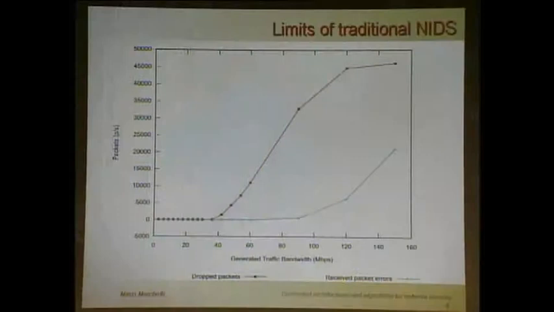In this chart, you just have an example of the performance of a common network intrusion detection system built on custom hardware, in this case an Intel Xeon 2.4 GHz. On the y-axis, you can see the rate at which the network intrusion detection system is losing packets. On the x-axis, you can see the generated bandwidth, that is the traffic throughput that the sensor is supposed to analyze.